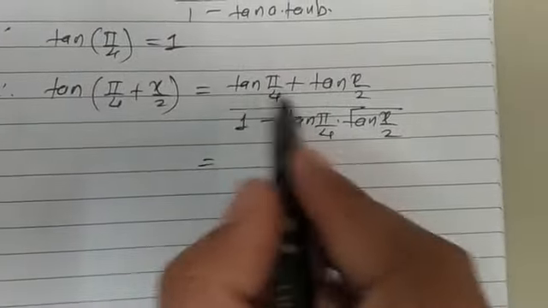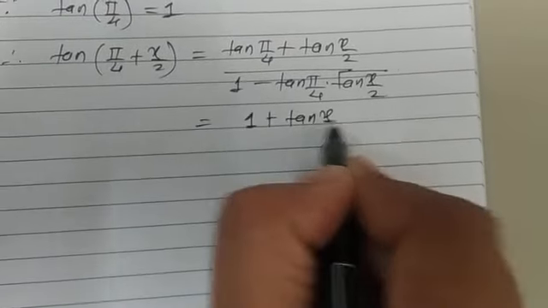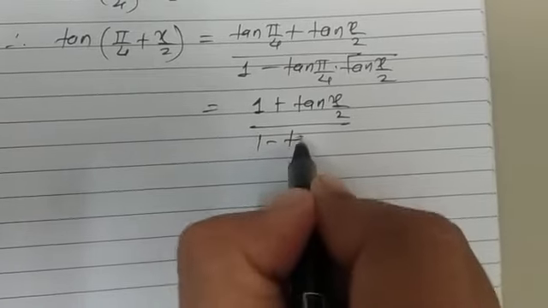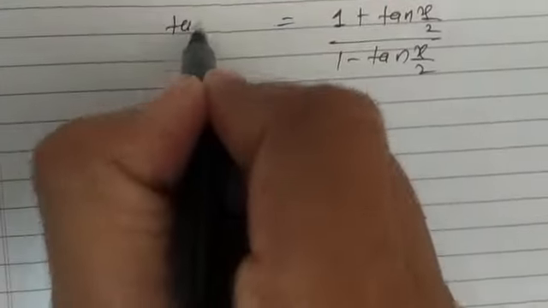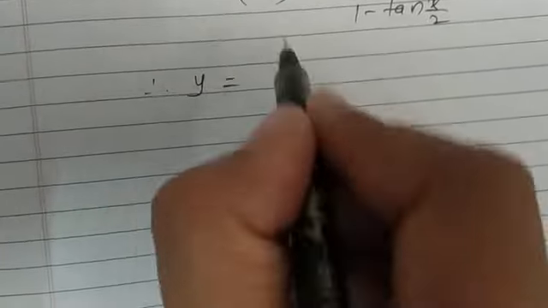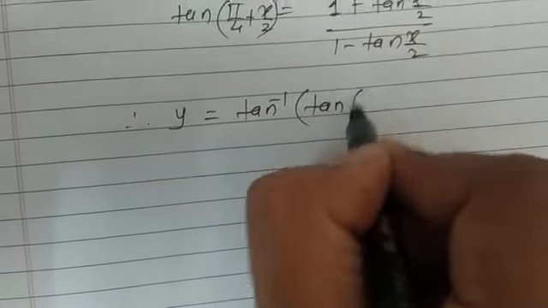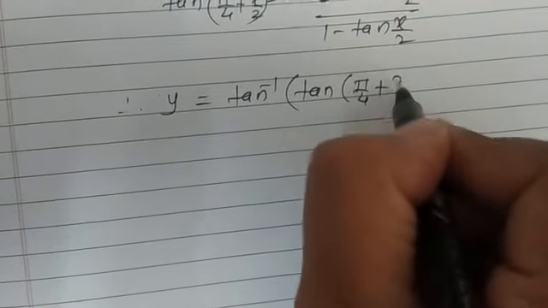But the value of tan pi by 4 is 1, so it is nothing but 1 plus tan x by 2 upon 1 minus tan x by 2. So this bracket part we can replace by tan of pi by 4 plus x by 2, and our original example becomes y is equal to tan inverse of tan in bracket pi by 4 plus x by 2.